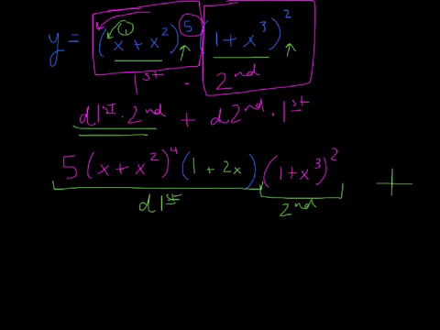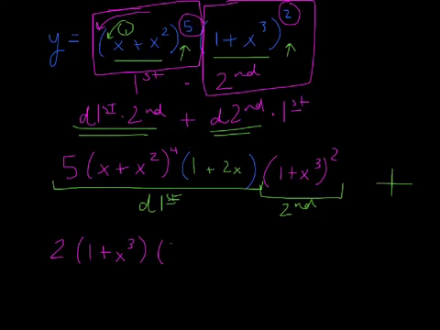Now let's do it again, only now we do the derivative of the second expression. So that gives me 2, because I bring that exponent forward. 2 times 1 plus x cubed. Subtract 1 from my exponent, and I get to the first power. Now I've got my chain rule times the derivative of what's inside. The derivative of 1 is 0.